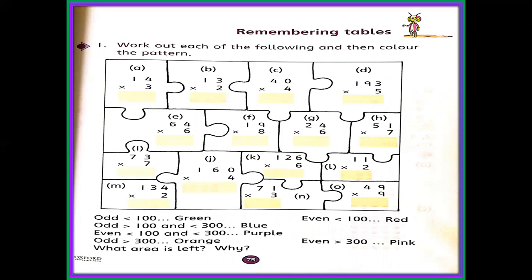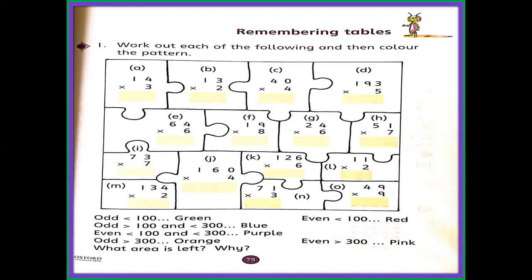So I again remind you, learn and memorize tables from 2 to 9, or 2 to 10. The table of 10 is very easy, you can easily learn that one, but 2 to 9 you must memorize because these tables are used in multiplication as well as division sums. Okay, so let us start.